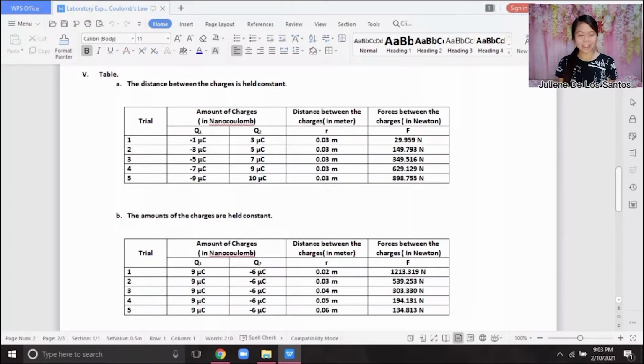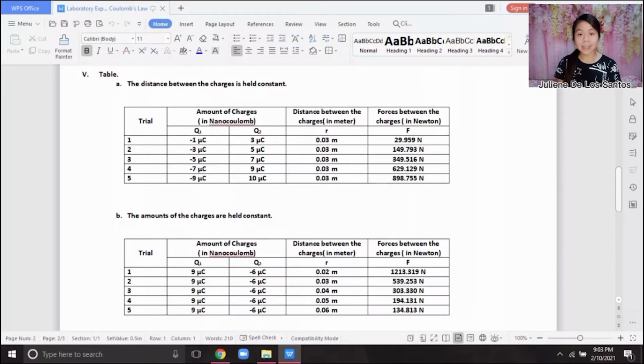I'm Julian de los Santos, and I'm going to explain how we arrived at our data in our first and second table. The first table shows that if the set of values of charges per trial is increasing, the distance between the charges in meters is constant and the force between the charges, which is in Newtons, increases per trial.